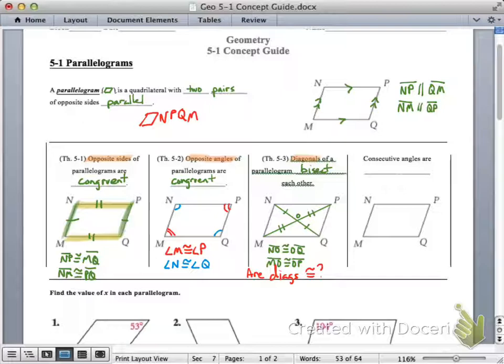Does that make the diagonals congruent? No, it does not. It is not a property of parallelograms that diagonals are congruent. It is true that they bisect each other, however.